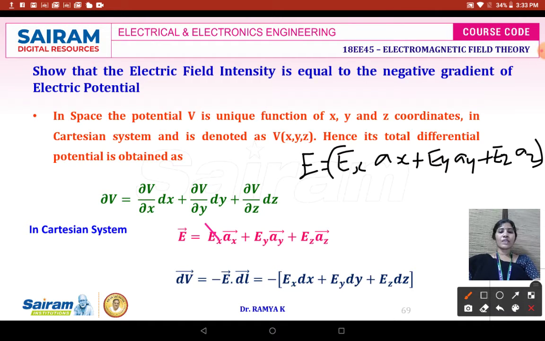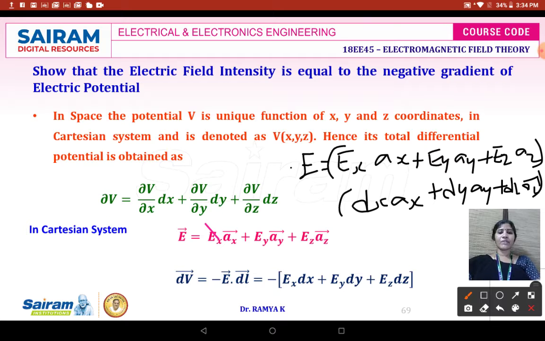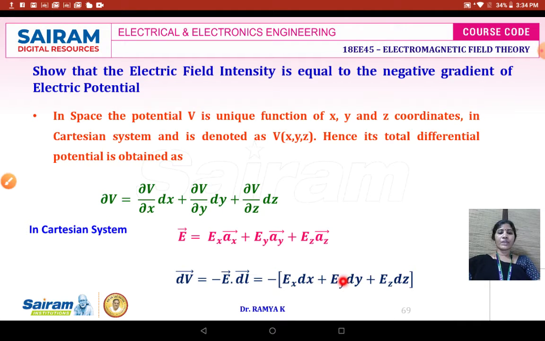In case of dl, you can substitute dx Ax plus dy Ay in Cartesian coordinate system plus dz Az. When we multiply E dot dl, we will get Ex dx plus Ey dy plus Ez dz. Since the negative sign is there, we can use it.